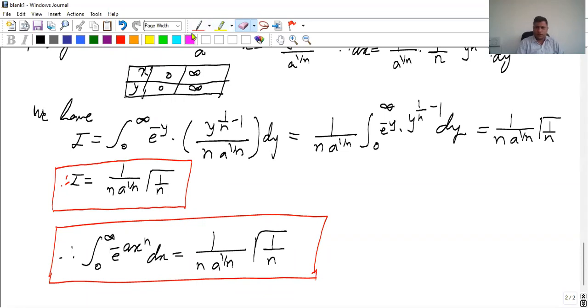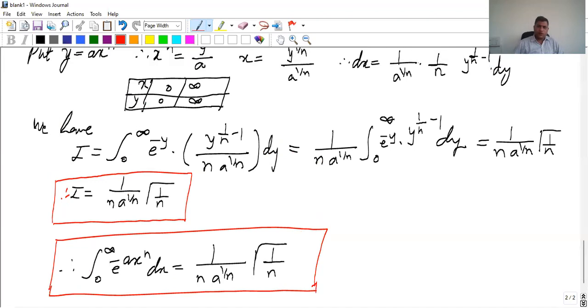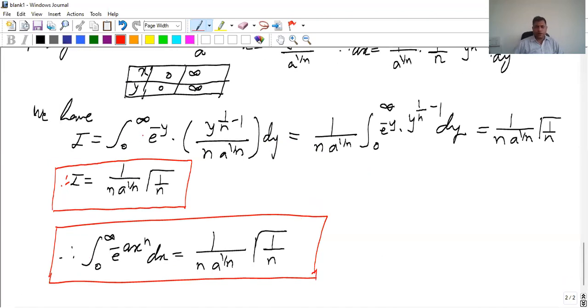Without loss of generality, we consider that n is going to be a positive number. It may be rational, it may be real, but n is positive. That is important. Now let us think of the next.